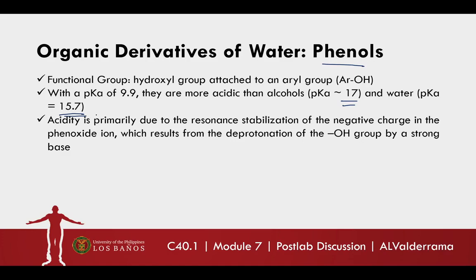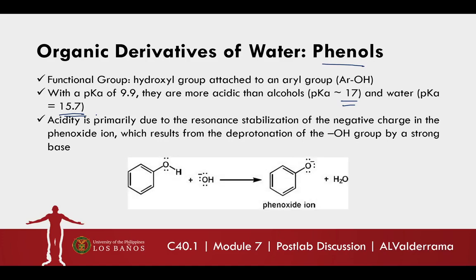So the acidity is primarily due to the resonance stabilization of the negative charge in the phenoxide ion. So as you can see here, if your phenol is in the presence of a base, since this is an acid, so it forms your phenoxide ion and your water.